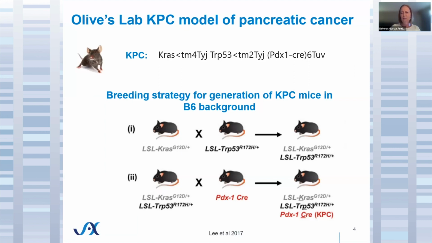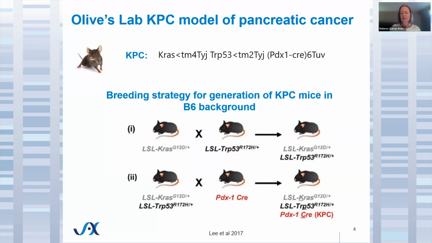The first step is to breed the KRAS mutant with a P53 mutant, and then you generate a double heterozygote. For that, you need, of course, to genotype the litter to make sure that they have inherited the 2 mutations. Then you get the double mutant, and you breed it with Cre. In the end, you get the mouse model by genotyping the litter.